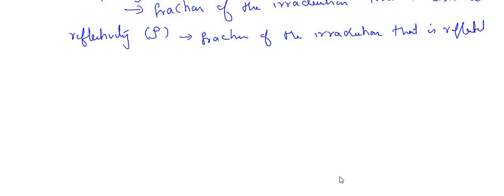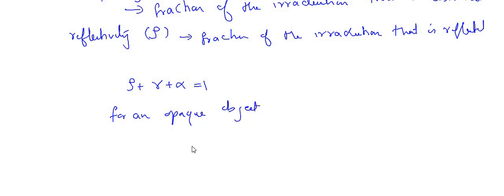So for a semi-transparent medium, rho plus gamma plus alpha equals 1. For an opaque object, rho plus alpha equals 1, because gamma, the transmissivity, is 0. Opaque objects don't transmit anything.